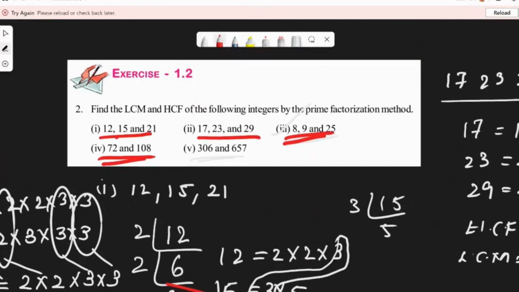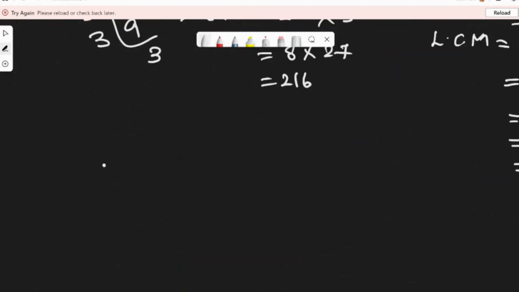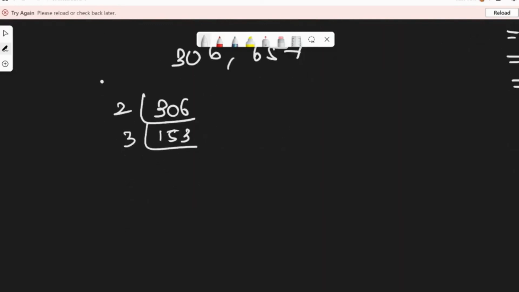306 and 657. So the prime factorization of 306 is 2 times 153, and 3 times 51, 3 times 17, and 17 is a prime number.